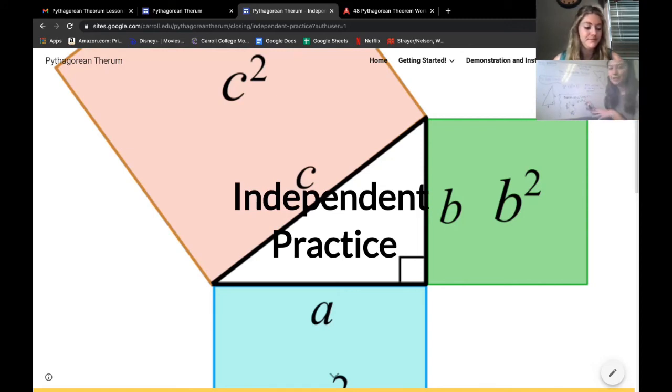So our first one, what do we start off with? 4 squared. Good job. So what is 4 squared? 16. Perfect. Okay, so now we have which one next? 7 squared. Good job.